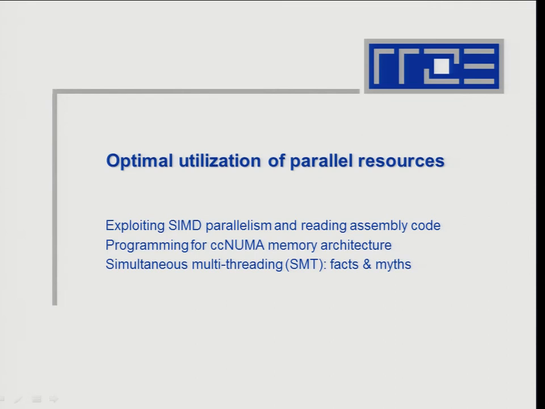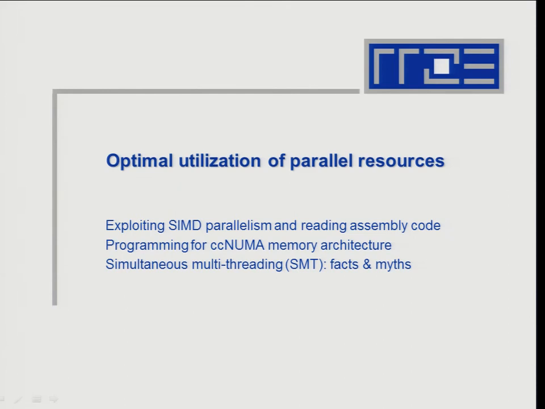Now this next part until hopefully lunch, we want to tell you a little bit more about optimal utilization of parallel resources. And of course, as you know now, there are lots of parallel resources in modern compute nodes, starting at the core level down to the memory. And of course, you have parallel computers which have many, many nodes. We want to highlight actually two specific problems or features, which is SIMD.